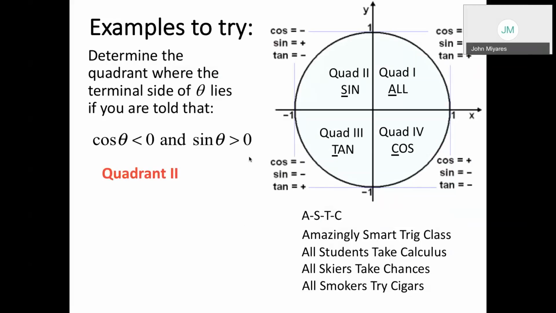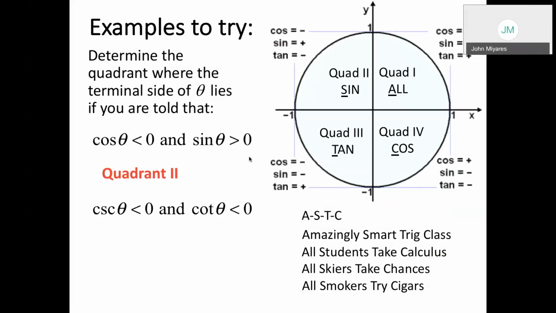Let's try another one. How about where the cosecant and cotangent are both negative? Well, the cosecant is the reciprocal of the sine. So wherever the sine is negative, then the cosecant will be negative there as well. And that will be in either quadrant 3 or quadrant 4.